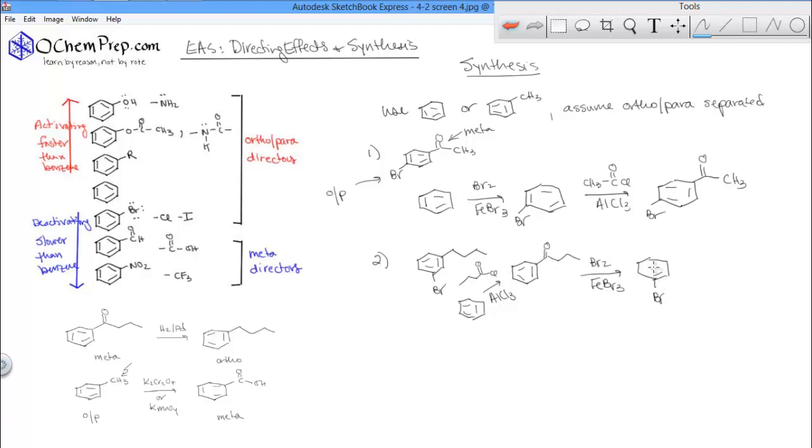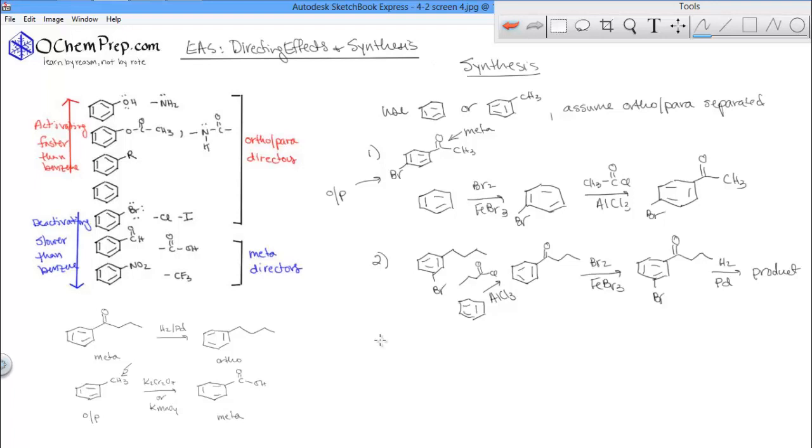And after that, you will reduce the C double bond O down to the butyl group. And that will give us the product. So you always have to look at what you're aiming for and remember when to put the substituents on.